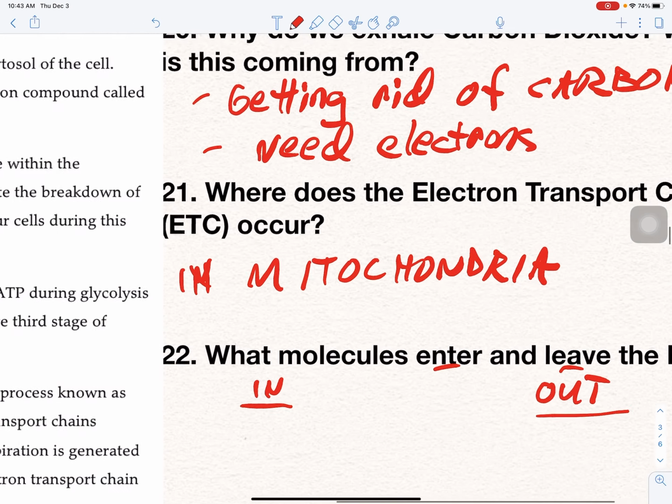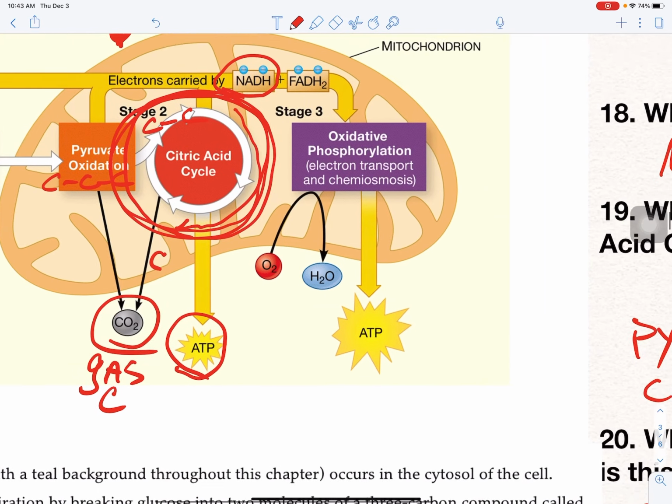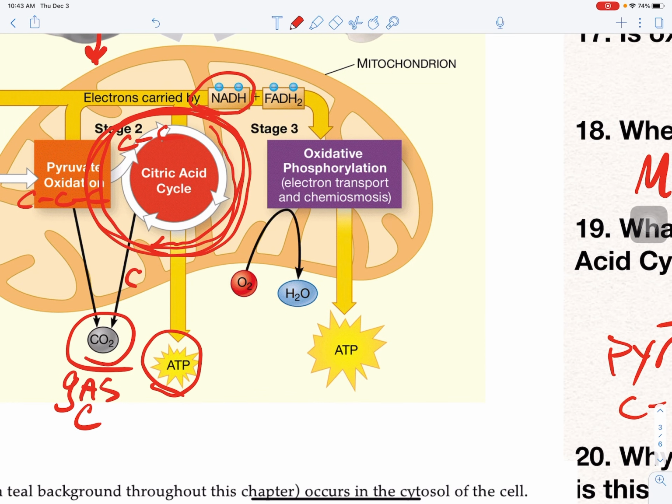Make 2 columns. What comes in? What's coming in is up here, NADH, and also FADH2. These are two electron carriers, much like Uber and Lyft are carrying passengers from one place to another. These carriers are transporting electrons from either stage 1 or stage 2 over to stage 3.